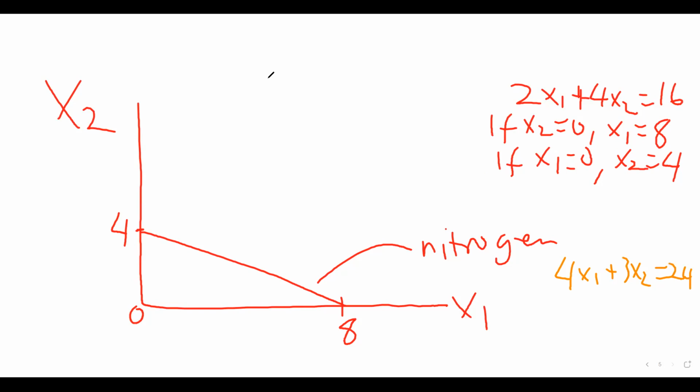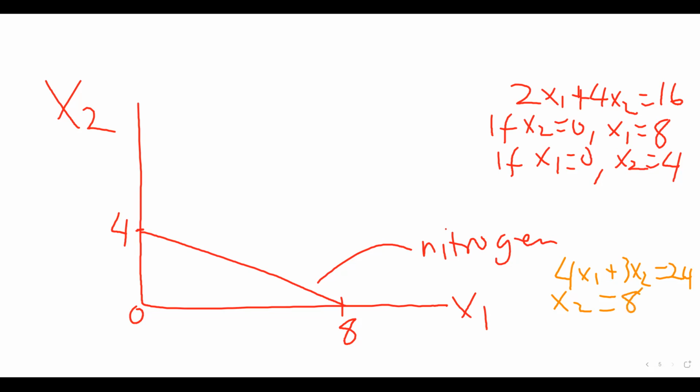Now, if x1 is 0, what is x2? I want to go quickly. If x1 is 0, what is x2? Janet. X2 is 8. Okay, x2 is 8.